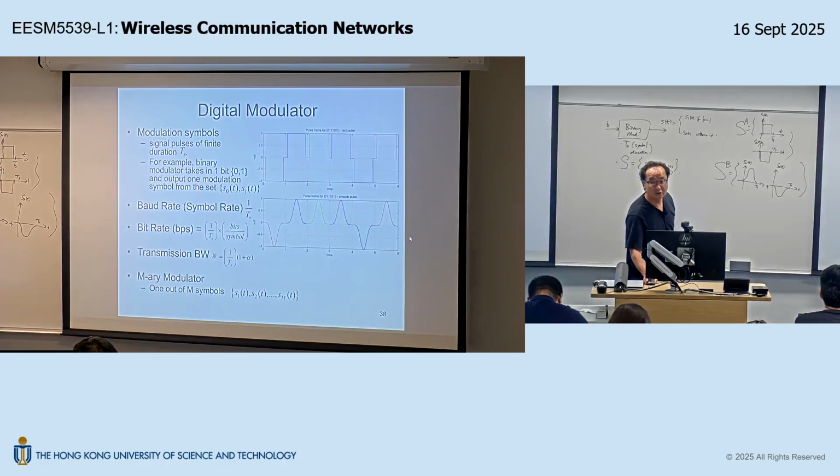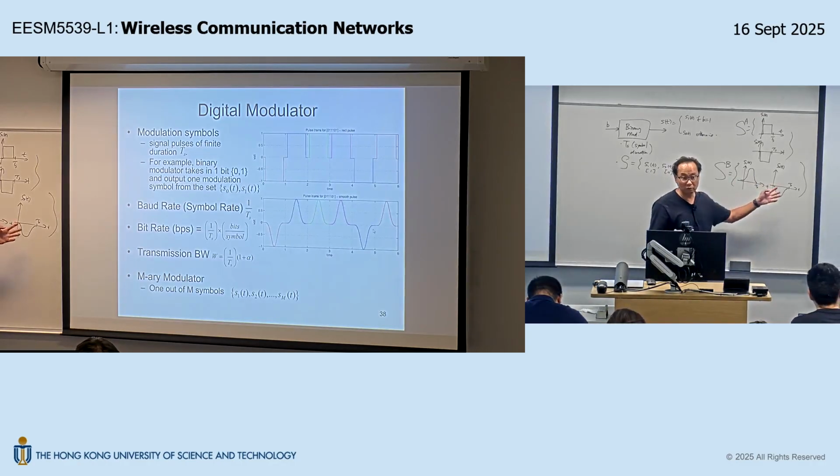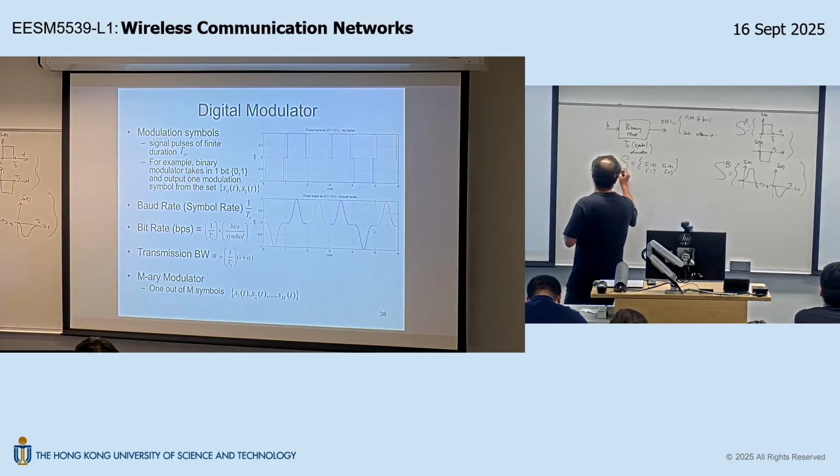Is that okay? So likewise, any one of you can dream up or design your own binary modulator. You just need to think about two different waveforms, which is not too difficult, to put in your so-called signal set. So this is called the signal set.